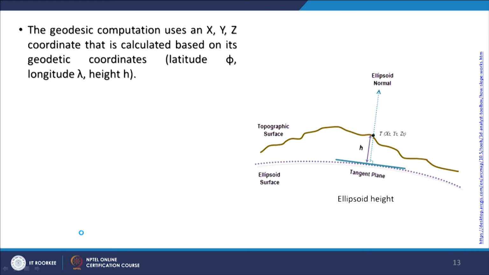Now in this geodesic computation, x, y, z coordinates are calculated based on the geodesic coordinates, that is latitude, represented by phi, longitude, lambda, and height h. So all three are there.